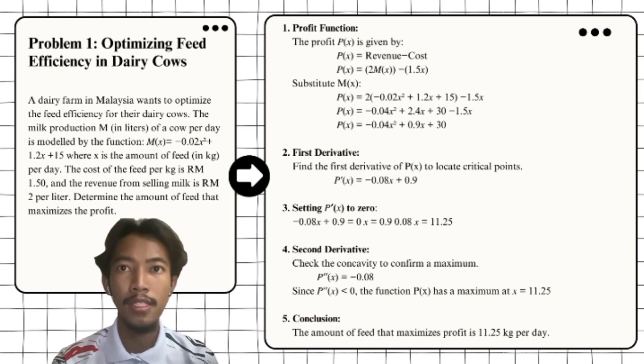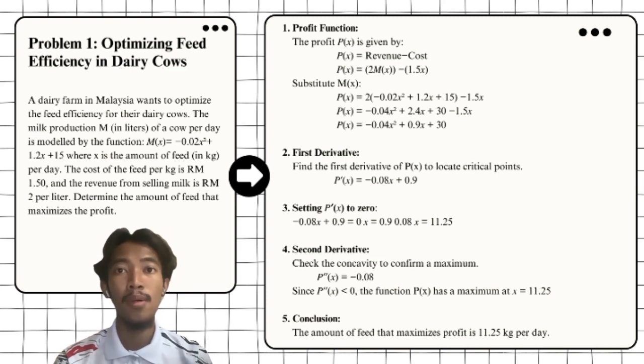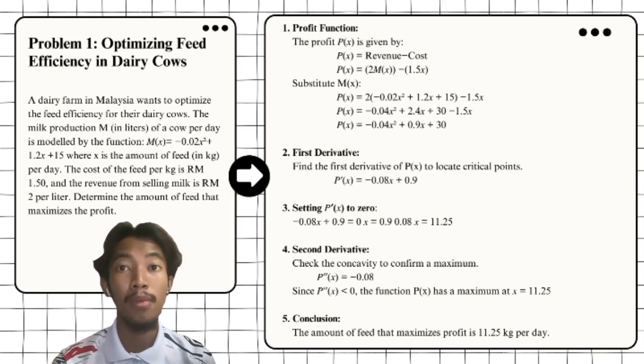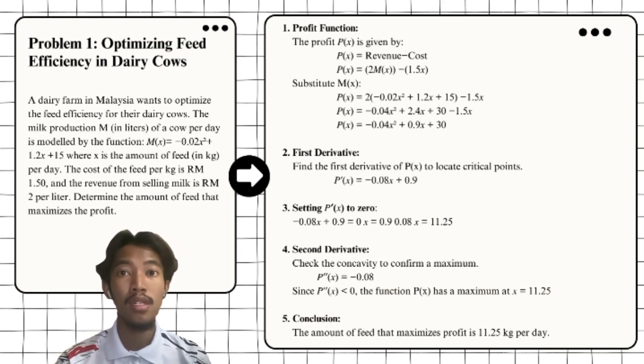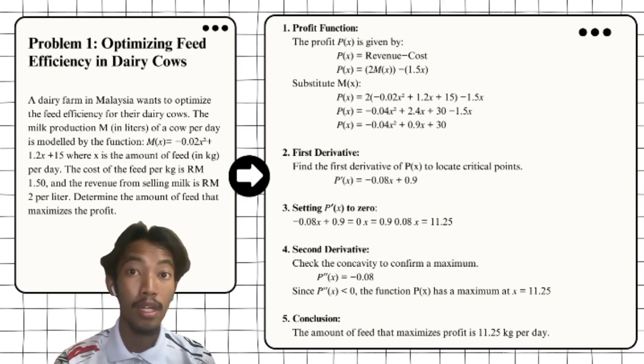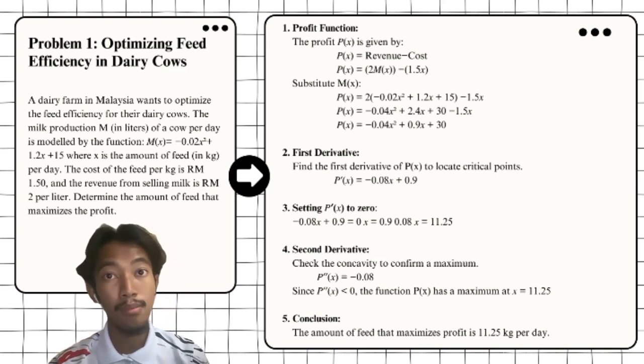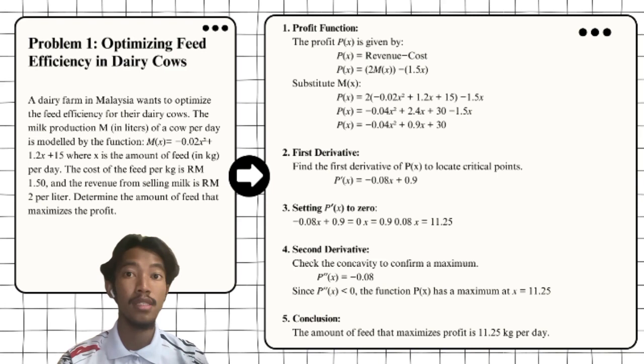The solution. Number 1, profit function. The profit P(x) is given by revenue minus cost. P(x) = 2M(x) - 1.5x.